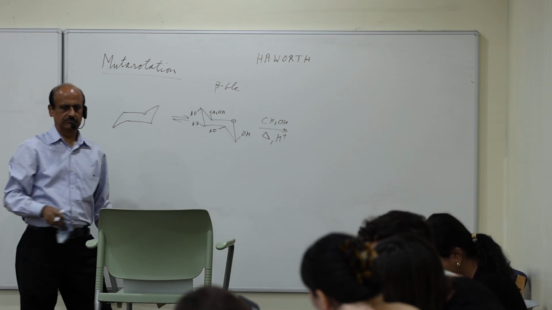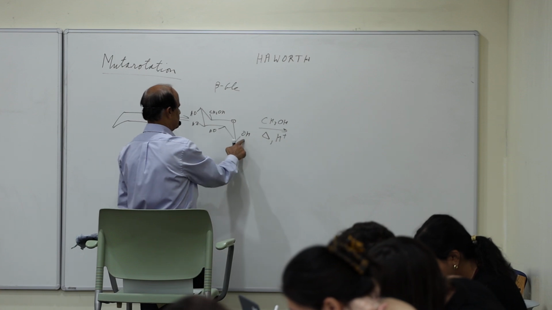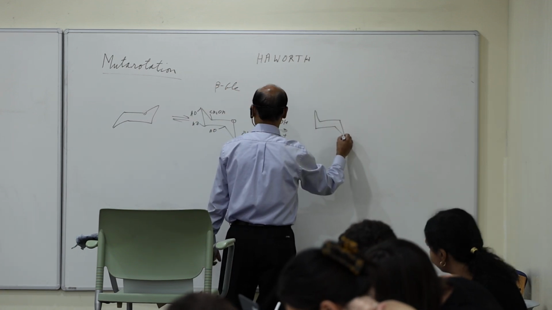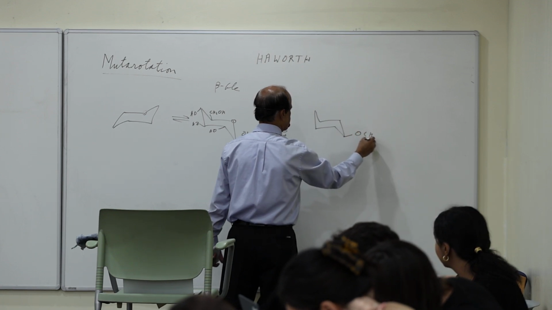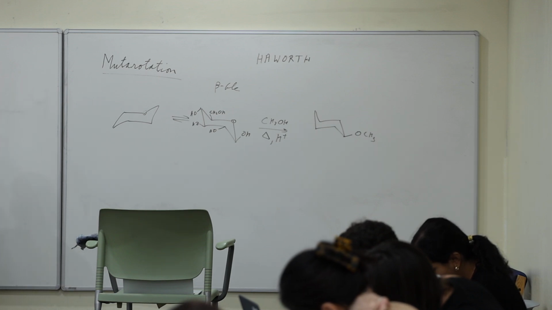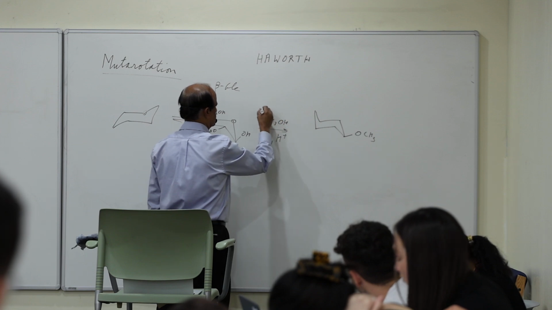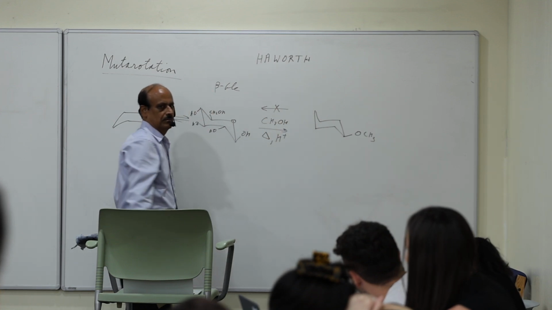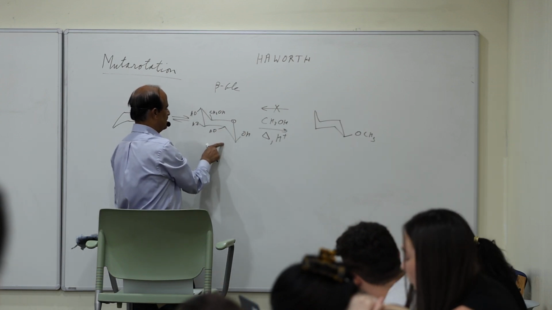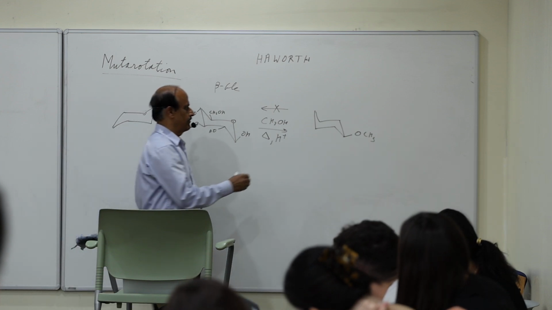This reaction will require temperature and acid, and then you can replace the OH with a CH3. I'm not drawing the other OH groups. And this is in one direction only, it doesn't go back. So what will be the name of this? This is beta glucose, so this is beta methyl glucoside.